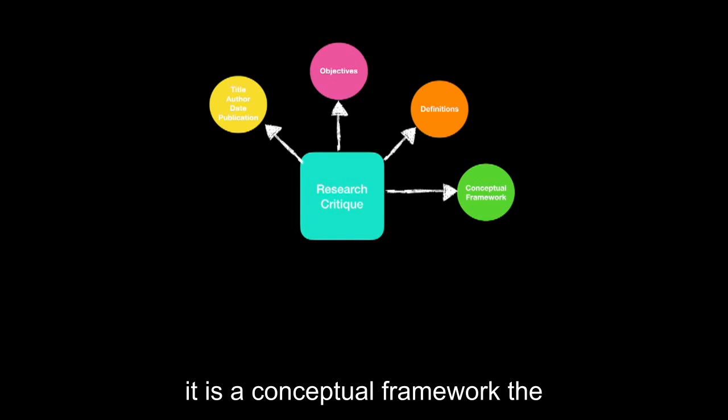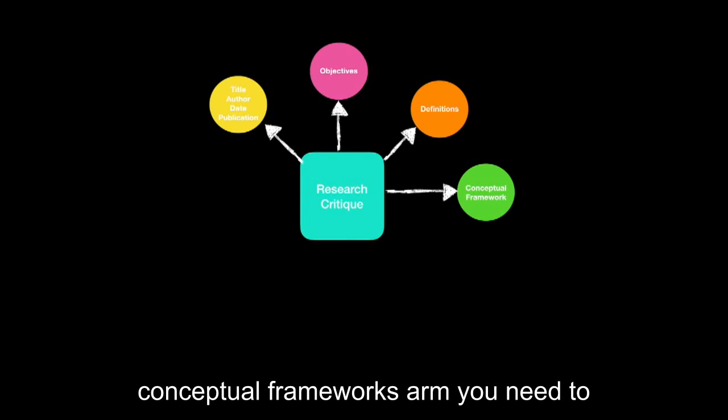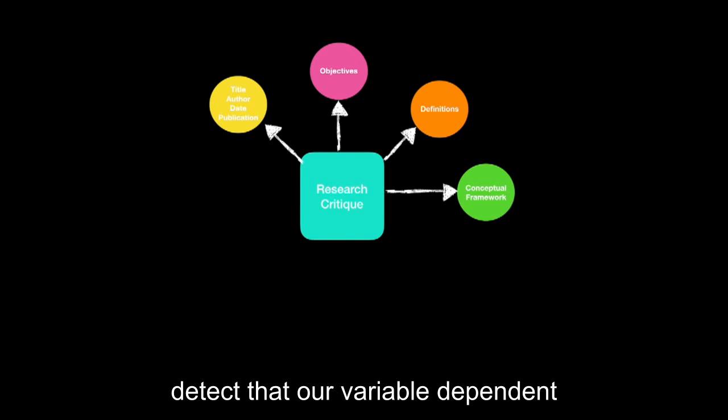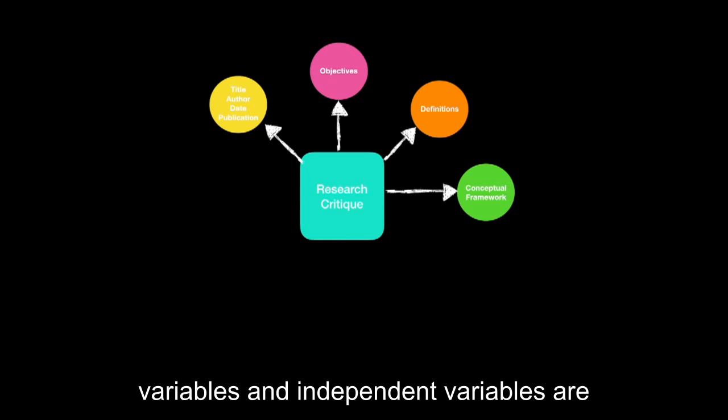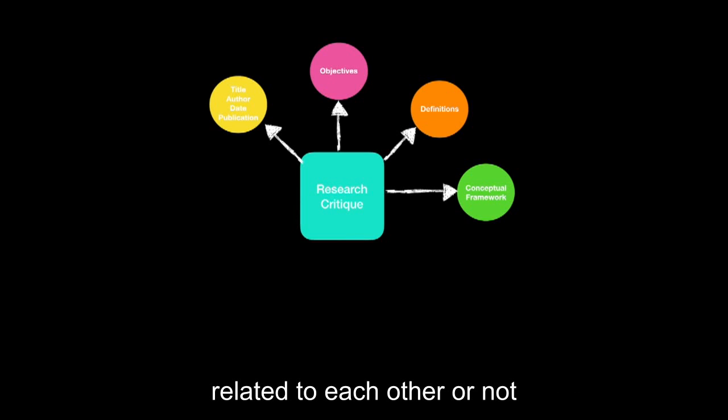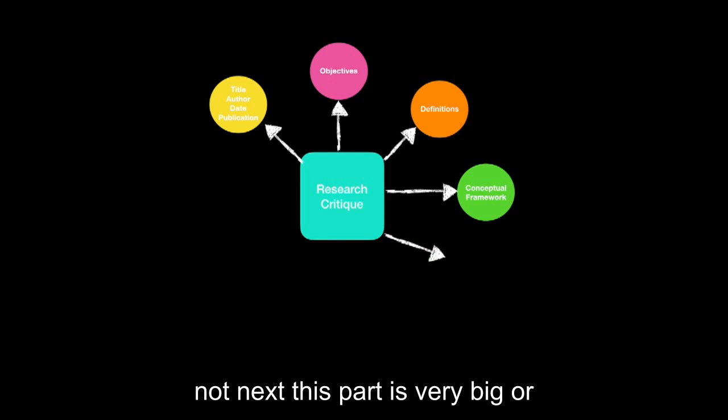And next, this is the picture of the whole research. It is the conceptual framework. In the conceptual framework, you need to detect whether the dependent variables and independent variables are related to each other or not, and whether they are related to the objectives or not. Next, this part is very big.